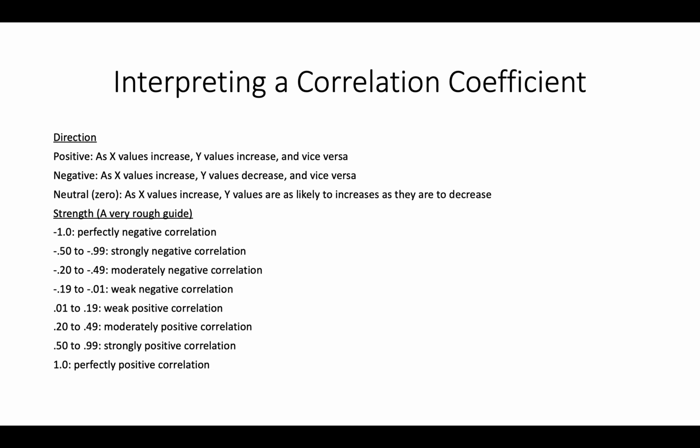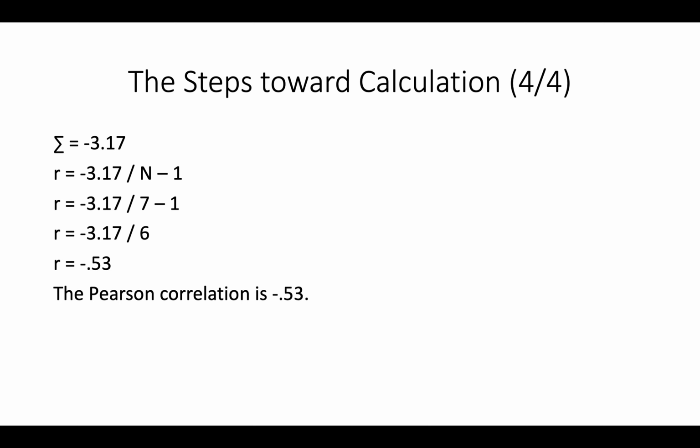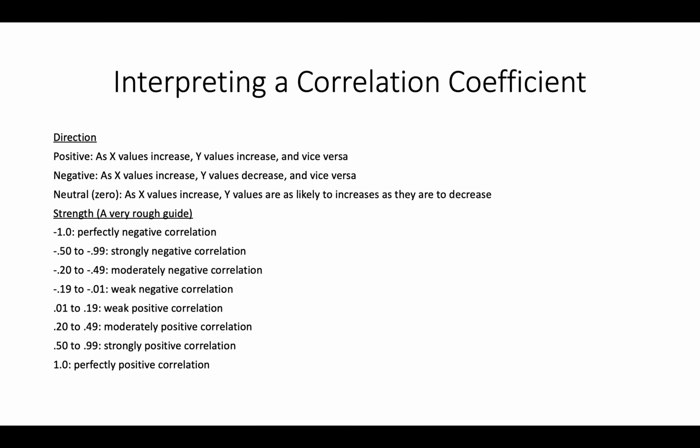This is a rough guide for interpreting the strength of the correlation. And our correlation calculation of minus 0.53 falls under the strongly negative correlation category. So we can say that the correlation is both negative and strongly negative, and that there is, again, a definite direction downward in the correlation calculation.